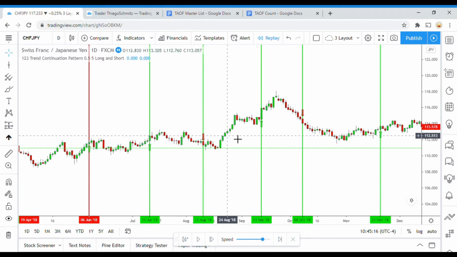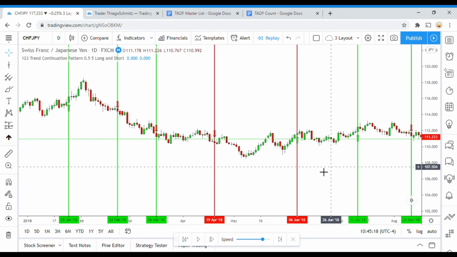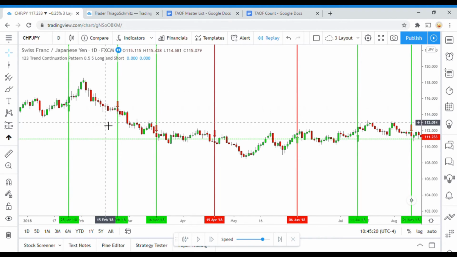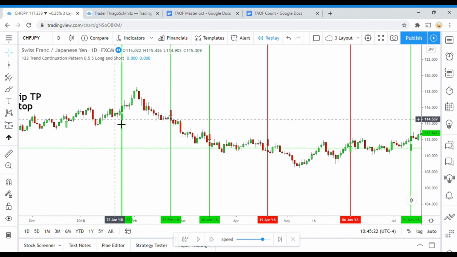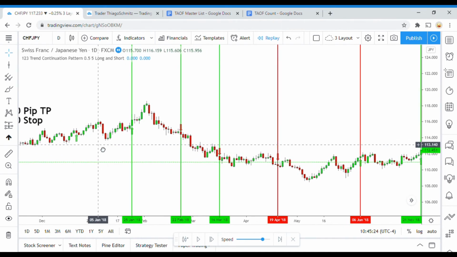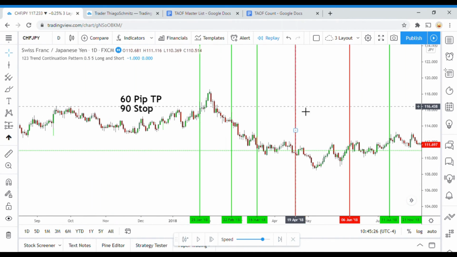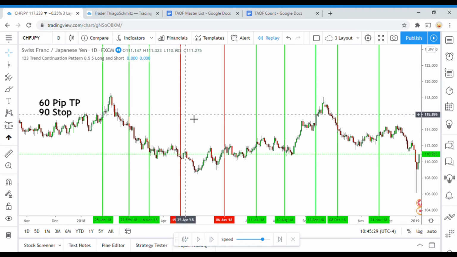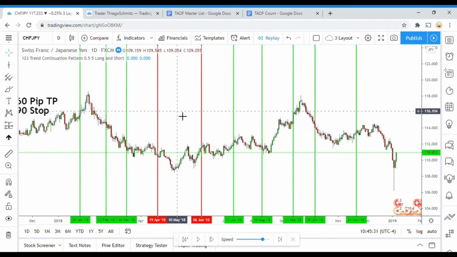This one right here, I feel like there was a possibility to get in a lot sooner. This one, possibly sooner. And so, yeah, it's a little slow, but all in all, it was giving some really good signals.